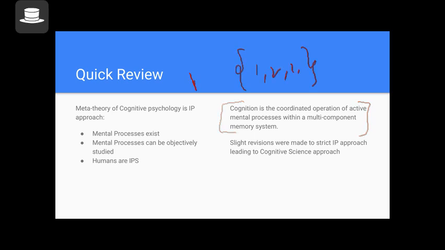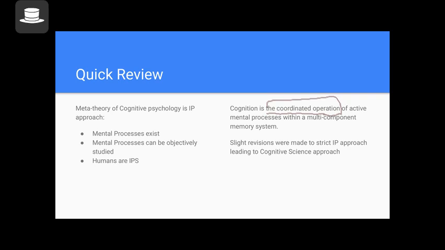Cognition now is how these mental processes are working together. So cognition is now defined as the coordinated operation, how these mental processes work together. That's the more important part of defining cognition.